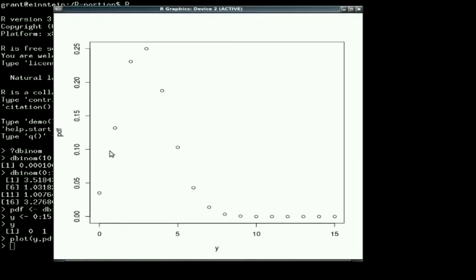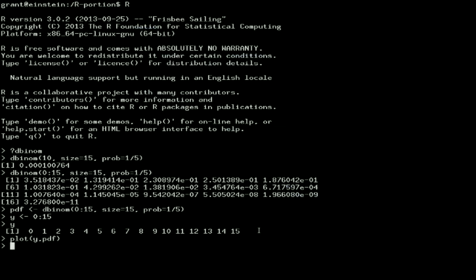It's discrete, so we just have these probabilities in here, but we can see this kind of peaked distribution, small on the ends, gets really high, reaches a maximum value, and then tapers off. That's typical of what we would see for a binomial distribution.